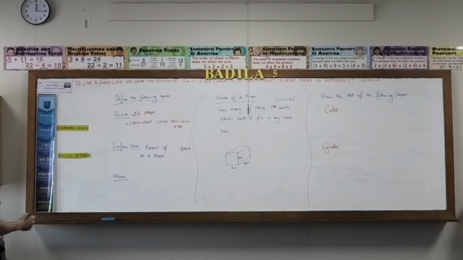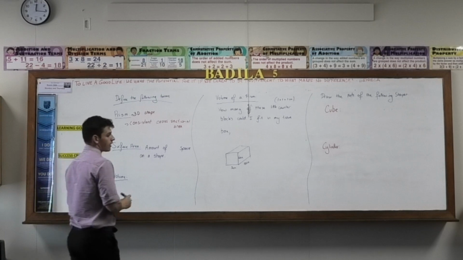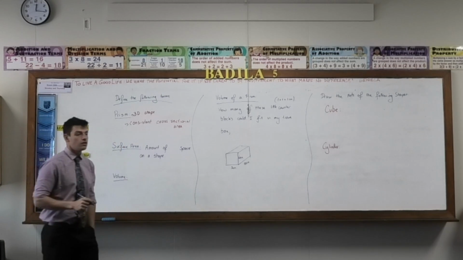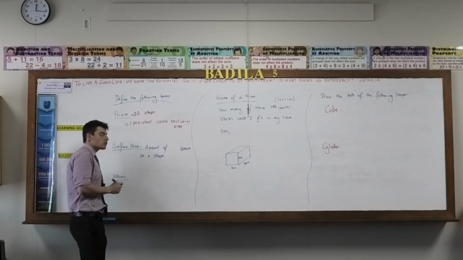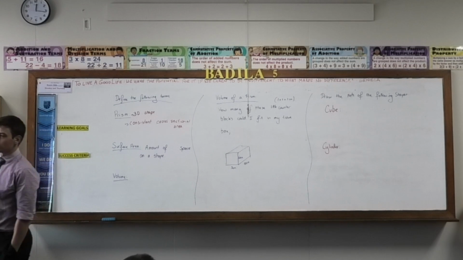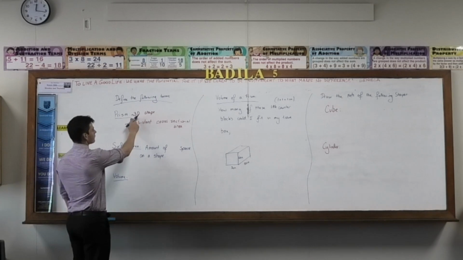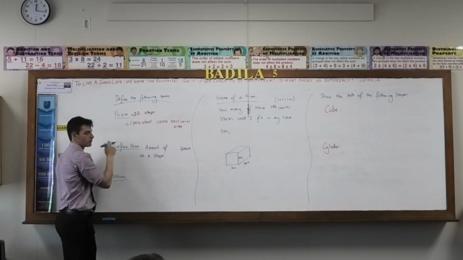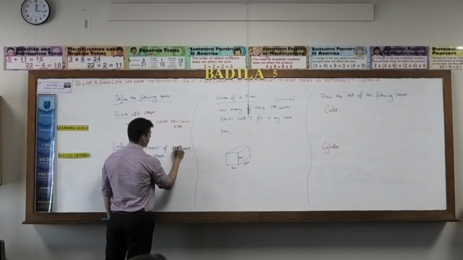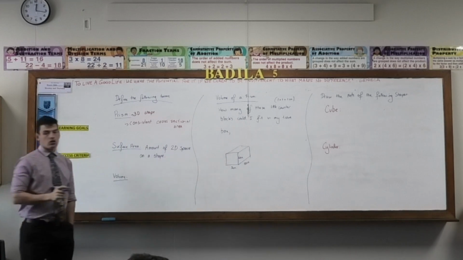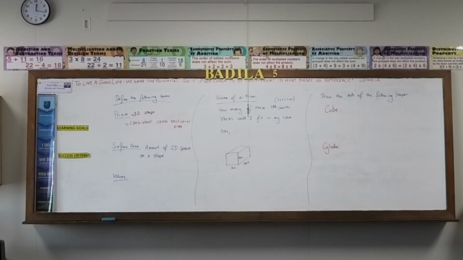Maybe a letter and a number. Square surface. Close. The amount of two-dimensional space on a shape. Cool?